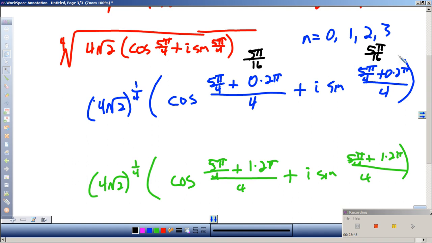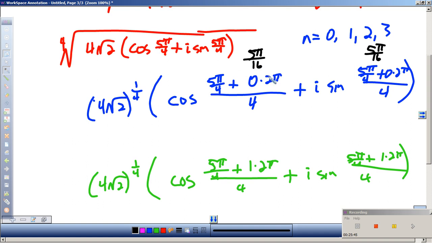Yeah, not going to be a nice answer, so we can plug in all of this, our cosine of this, you get our real part, times that part. So somebody's calculator, do 4 root 2 raised to the 1/4, and then cosine of 5 pi over 16.